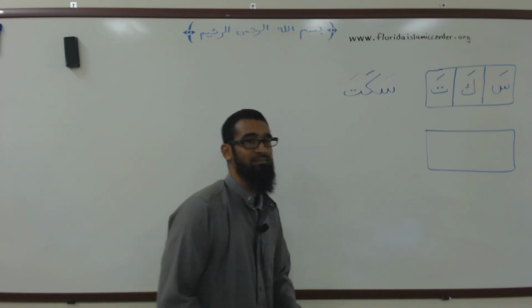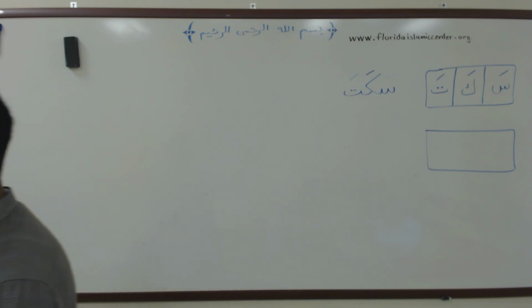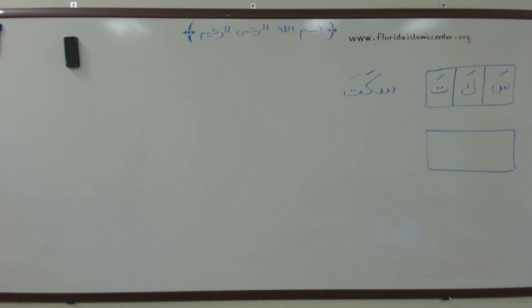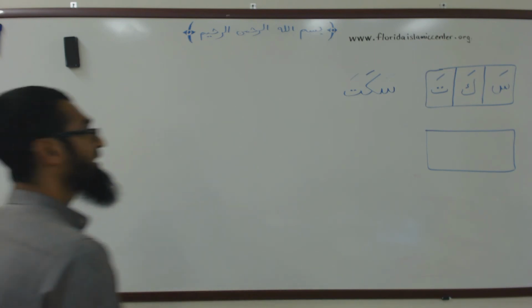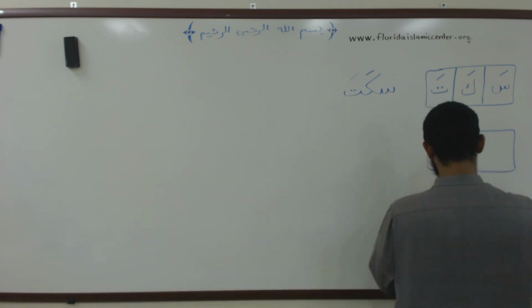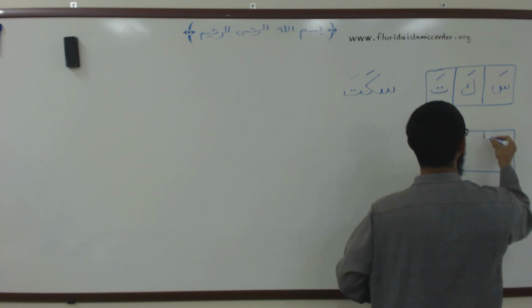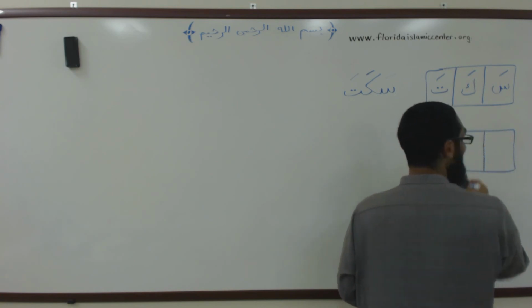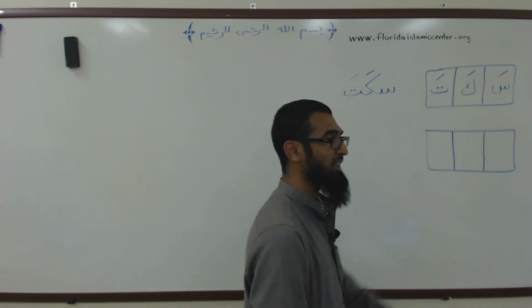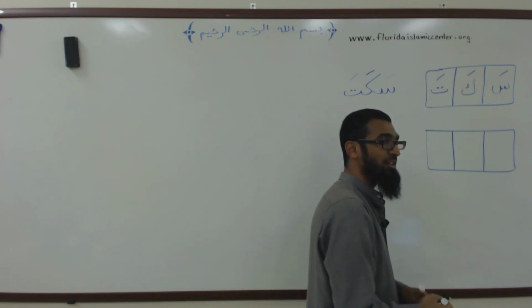Kataba. Okay, time's up. 30 seconds to write the three letters like you did there. But to join it up also? No, not to join it, just to write it. I'll give you another 30 seconds to write it, to join them.